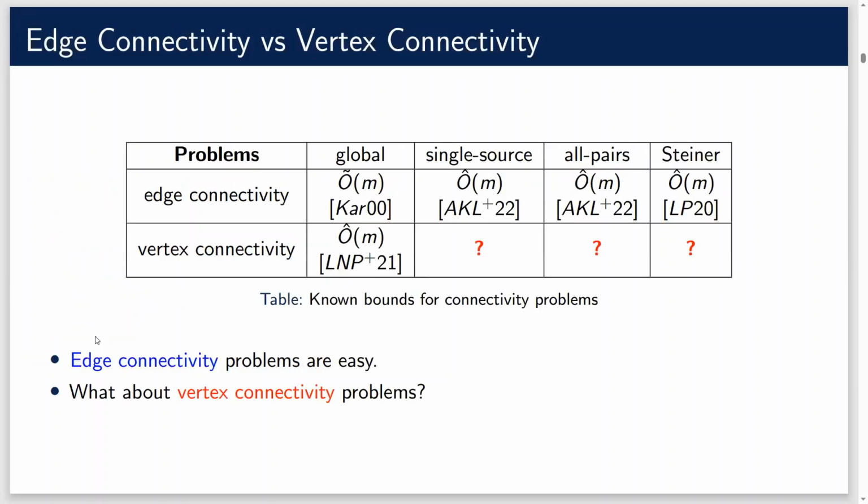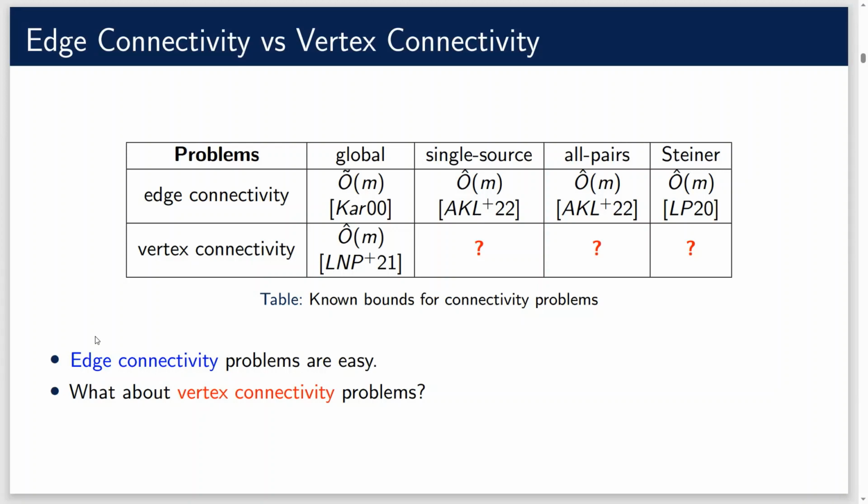We can look at this table, which shows the complexity of edge connectivity problems versus the complexity of vertex connectivity problems. For edge connectivity, regardless of global, single source, all pairs, or ST, where all pairs edge connectivity means the Gomory-Hu tree problem, we can see that edge connectivity problems are easy and they are in the near-linear regime with some recent results.